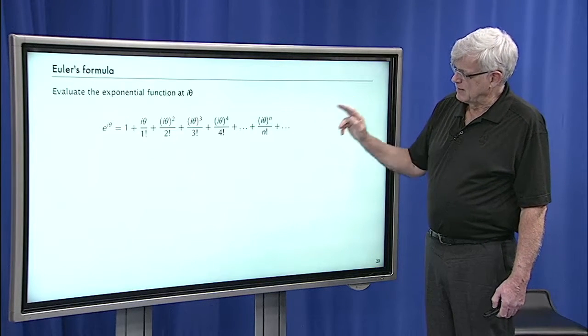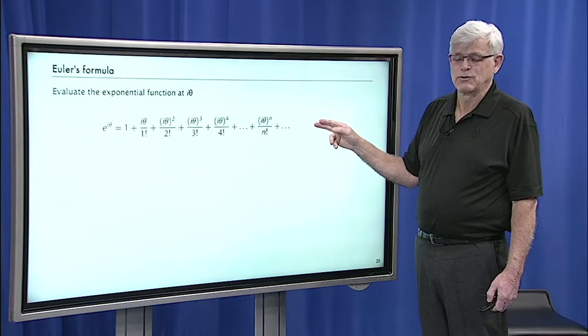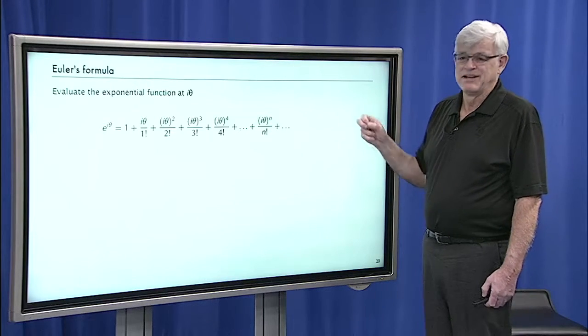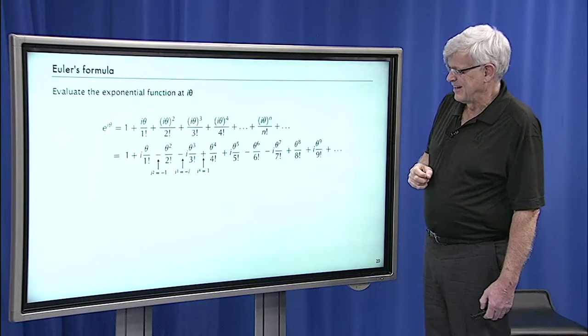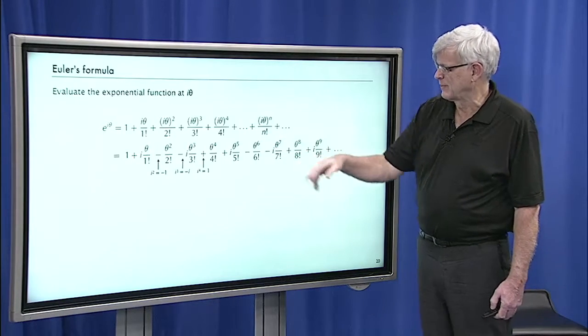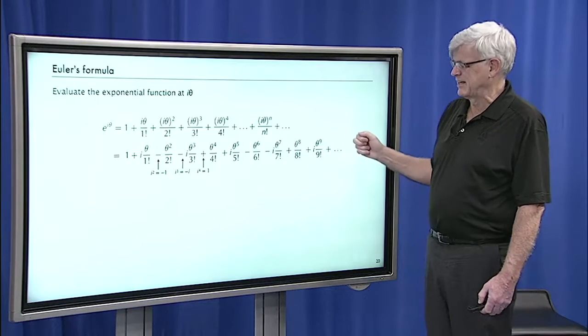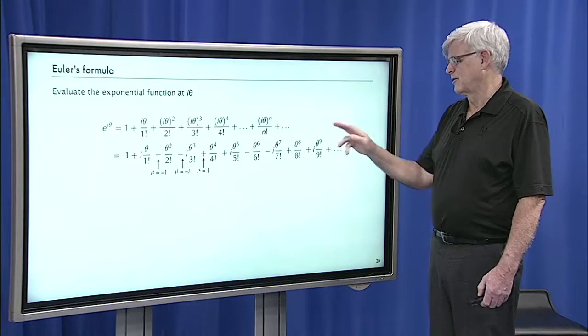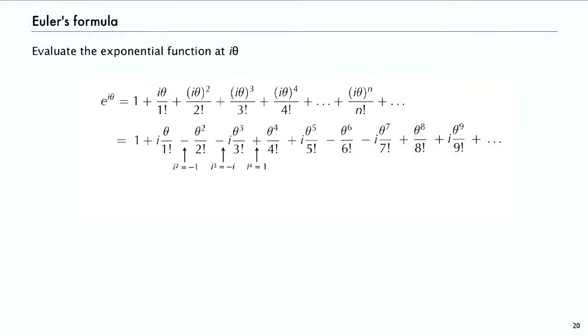Now, if you just convert i squared to minus 1 and i to the 4th to 1, then every other term has an i in it, every other term does not have an i in it, and the terms alternate in sign. So i squared equals minus 1, so it's minus theta squared over 2. i to the fourth equals i squared squared equals plus 1, so it's plus theta to the 4th over 4 factorial, and so forth. That's just algebra, getting rid of the i squared.